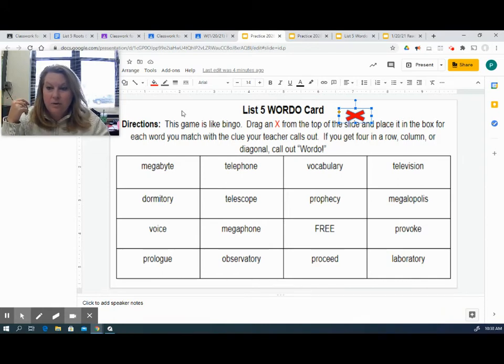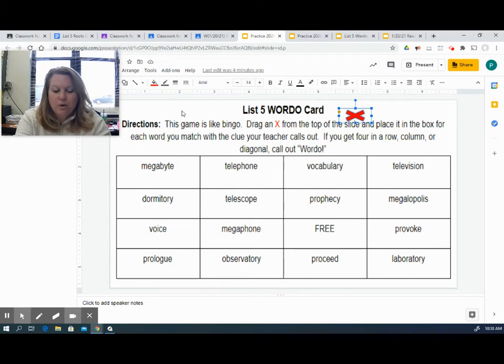You could open up your notes page in your WordWork folder and put a little star next to the roots or affixes that you need to spend a little more time on because you got them wrong when you played WORDO. Also know that you can play this again. I mean, obviously it's a little bit predictable, but sometimes repetition is what it takes to get those things ingrained in our mind. So, all right.